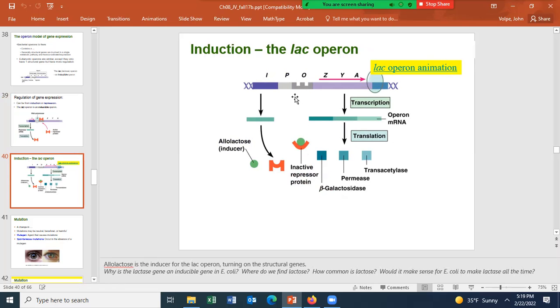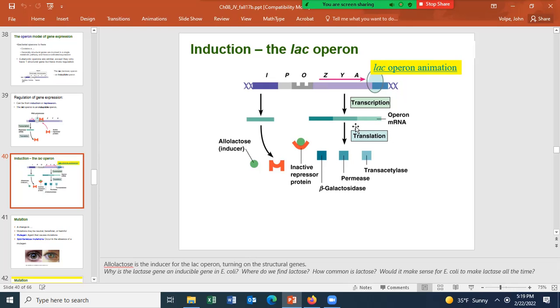But in this case, when the RNA polymerase binds to the promoter, it'll move through the operator and transcribe the Z gene, making the messenger RNA for the lactase gene, and then the lactase protein, the enzyme, will be made. And another name for lactase is beta galactosidase. So that's the Z gene.